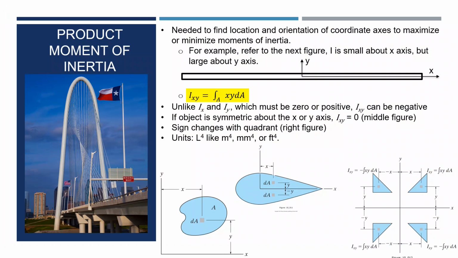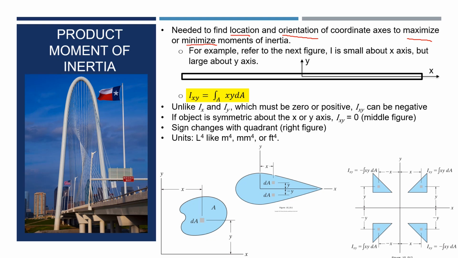Okie doke. Now we need to talk about product moment of inertia. So this is important because we need to find the location of an orientation of coordinate axes to maximize or minimize a moment of inertia. So if you spin about one axis, you'll have a large moment of inertia. If you spin about another, you'll have a low.